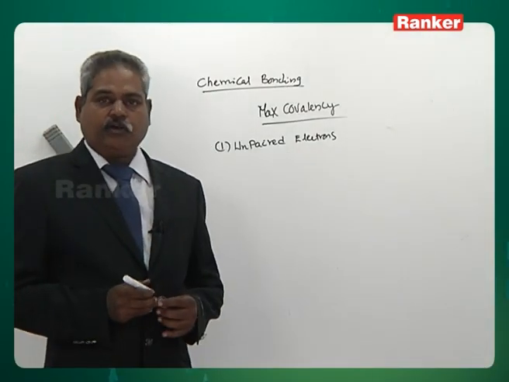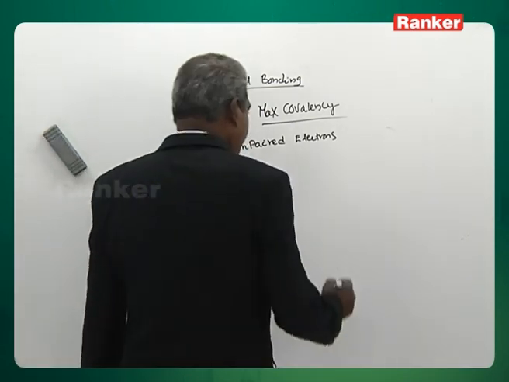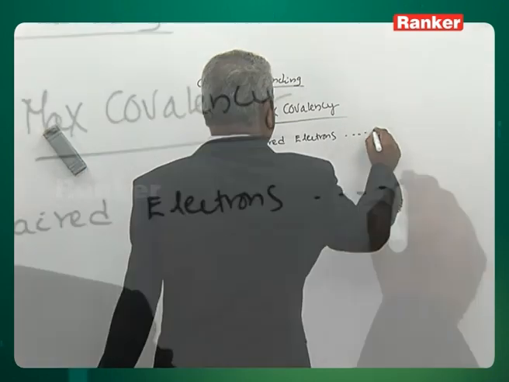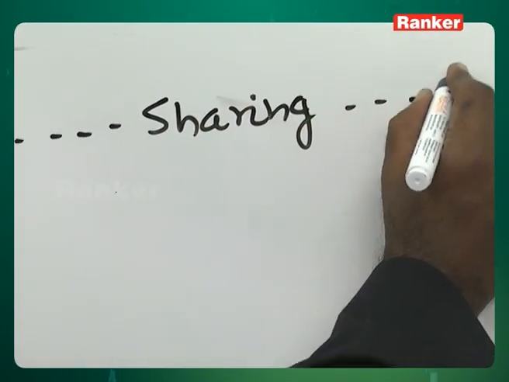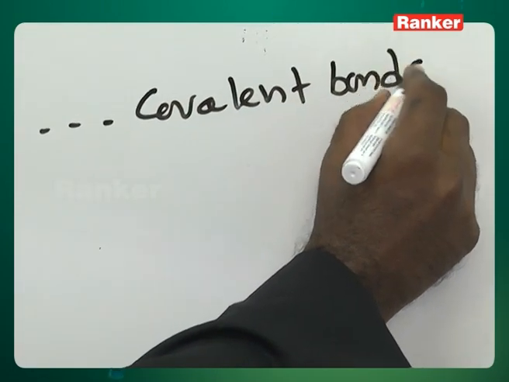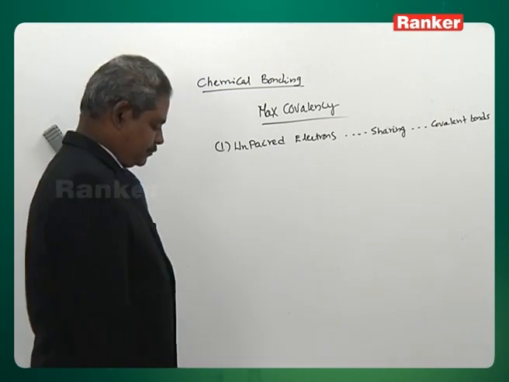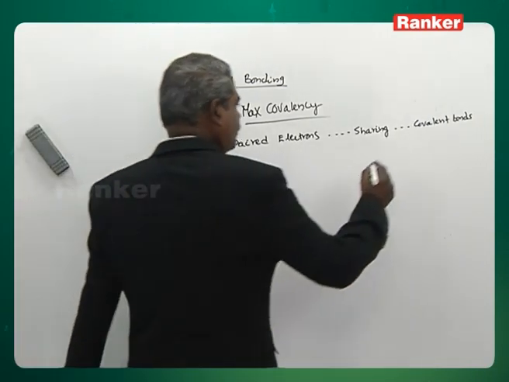When you write the electronic configuration, if you come across unpaired electrons, they are used in sharing and covalent bonds are formed.